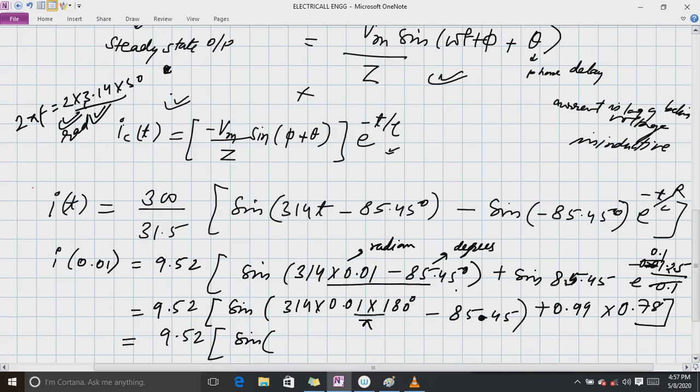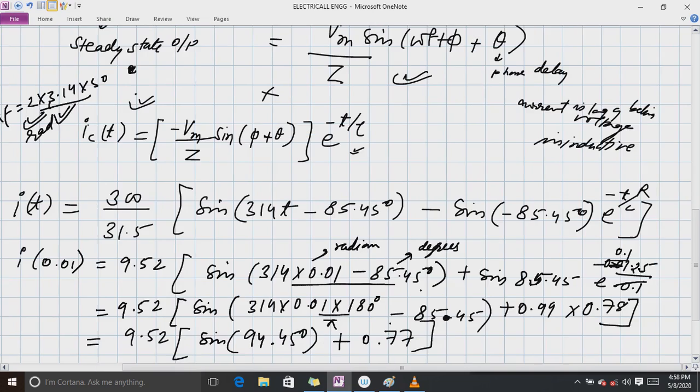So the answer here is 94.45 degrees plus 0.99 into 0.78. So the answer is 0.77.